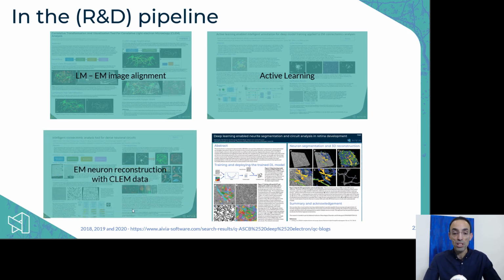We've also already looked at and done neuron reconstruction using CLEM data, so where we have both LM and EM, with some success, but that's still in relatively early stages, and we don't plan to have that in Aivia in the short term.